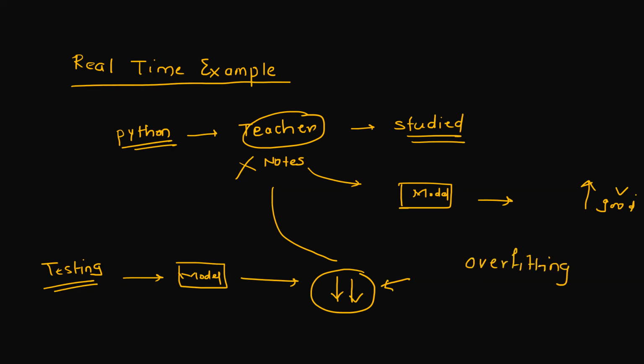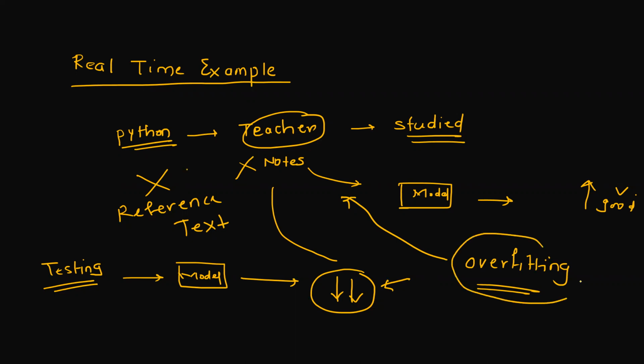The student studied only from the notes. He has not considered any reference books or textbooks, and so on. So this is the concept of overfitting from the student's point of view.